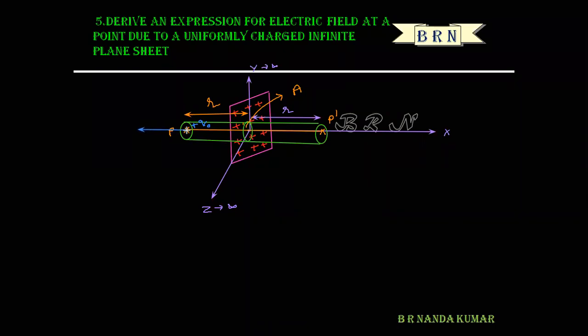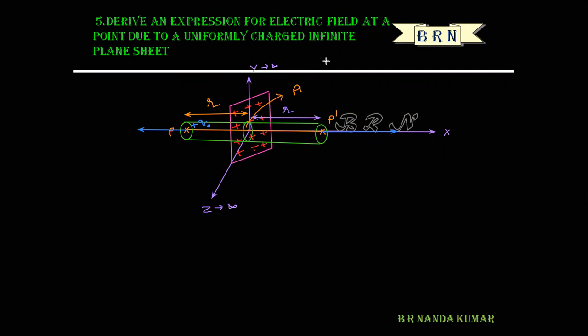So this is the direction of electric intensity at point P. Again, plus q naught is placed at the observation point P dash. Due to this uniformly charged sheet, plus q naught again experiences a repulsive force. So this is the direction of electric intensity.